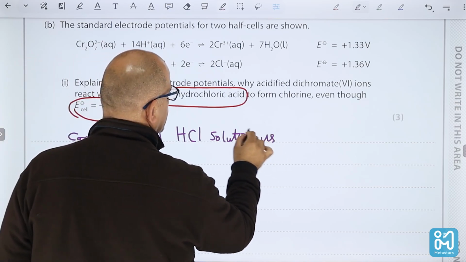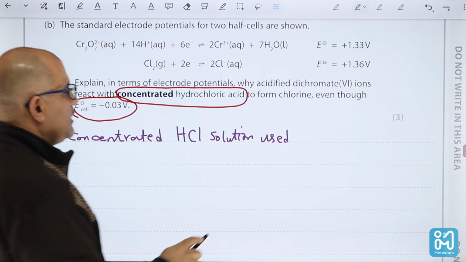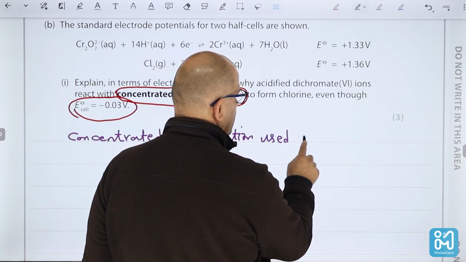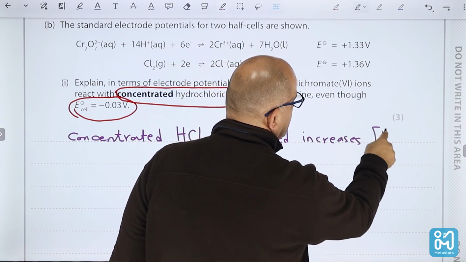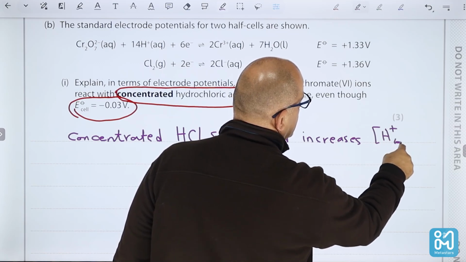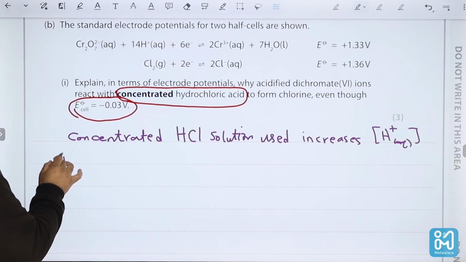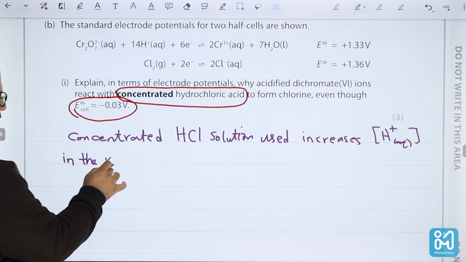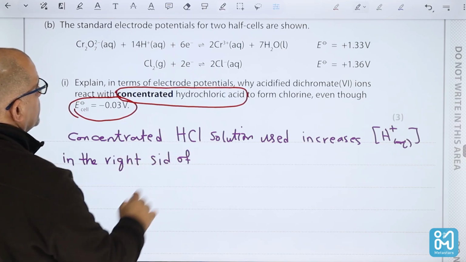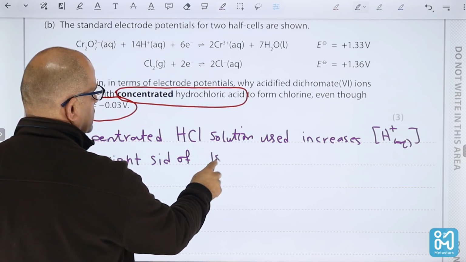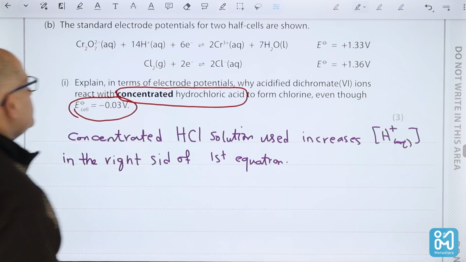this increases the H+ aq on the left side of the first equation. Okay?